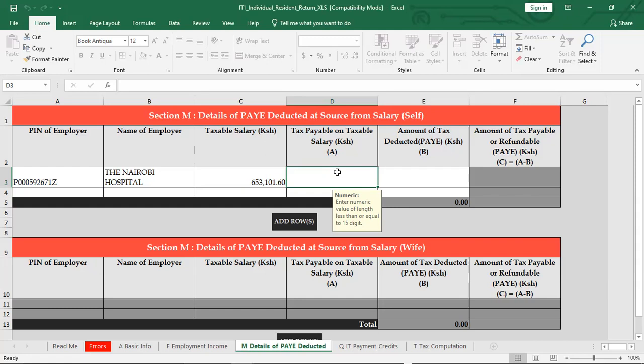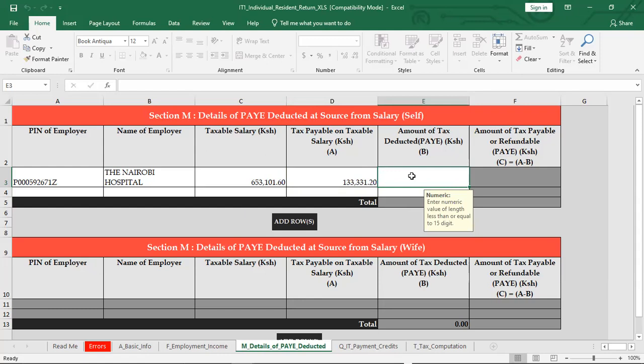Exactly. So if you come to our P9 for Esther, are you seeing column J? Yes. Tax charged. So this tax charged, personal relief haijatolewa hapo. So that is tax payable. So tax payable total huko chini, it is 133,331.2. Pamoja mpaka hapo.